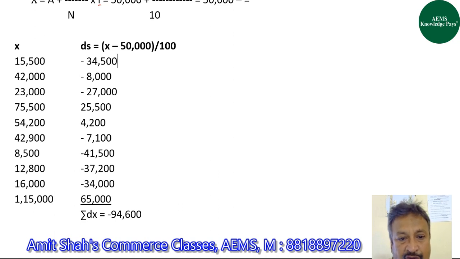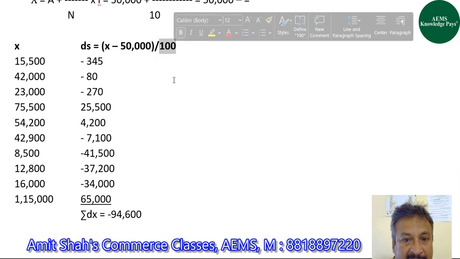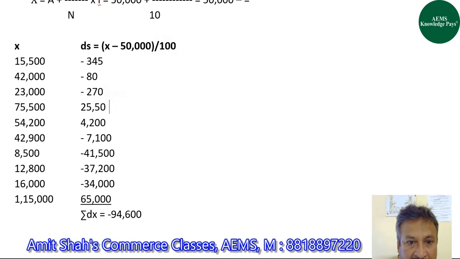Now x minus A, the assumed mean, we have already calculated, so here it would be 345. Here it would be minus 80. Here it would be 270. Double zero will get nullified because of dividing by 100. Am I clear? Here it would be 225. Here 42 only. Here minus 71. Here minus 415. Here minus 372.